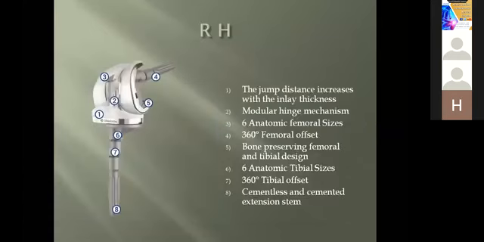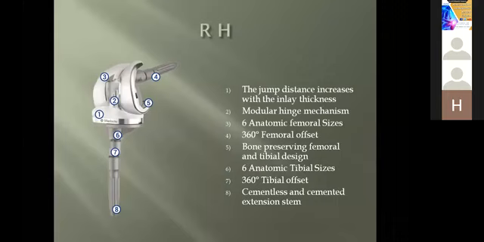With the rotating hinge, you should consider the jumping distance that increases with inlay thickness. There is a modular hinge mechanism. There are 6 anatomical femoral sizes, and 360 degrees of femoral offset. You have bone preservation of the femoral and tibial designs in the new designs of the rotating hinge compared to the old designs.